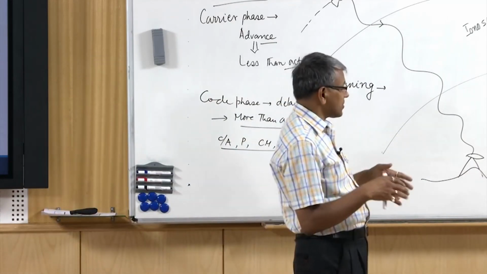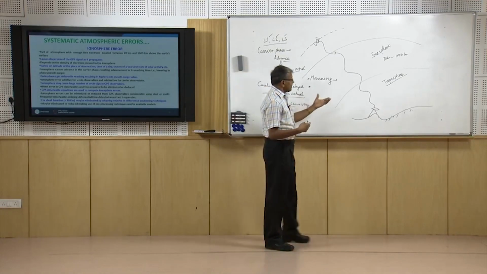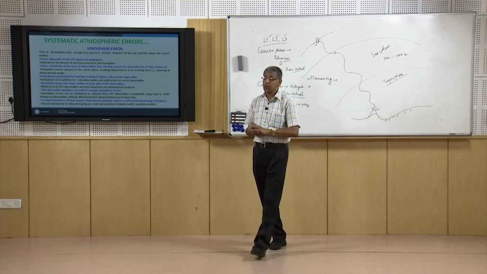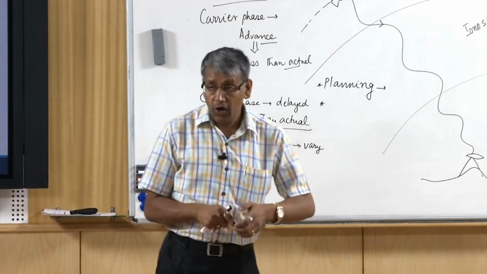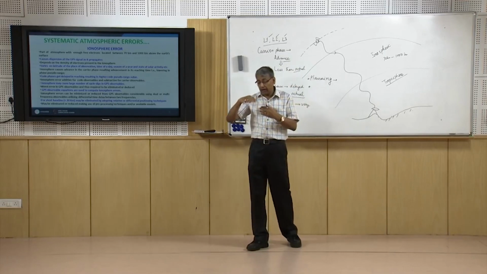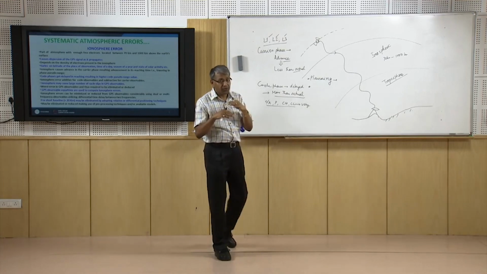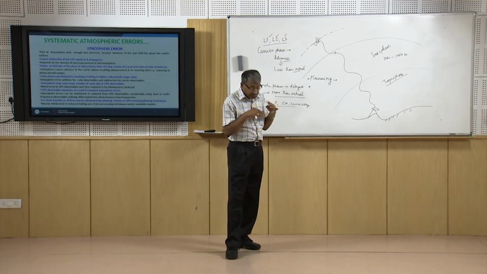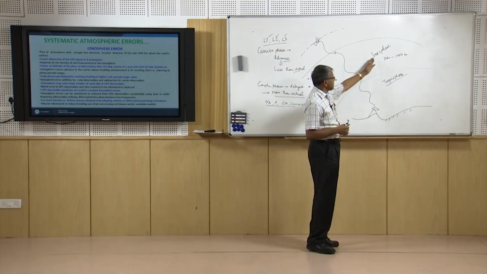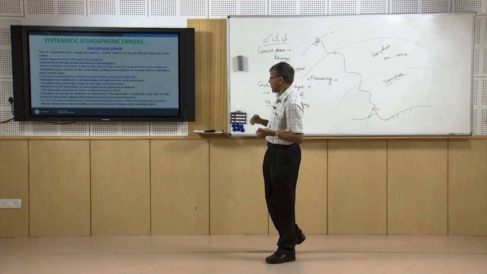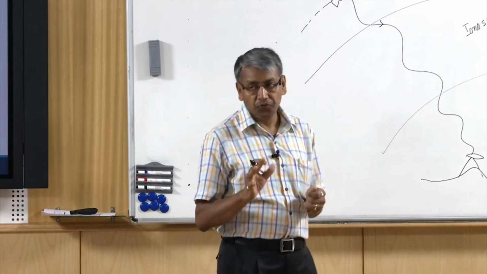Then we may go for some pre-processing operations, which we will discuss in the next class; those also minimize the ionospheric error in the GPS observable. In that way, through observation planning, observation, and pre-processing, all these steps minimize the ionospheric errors in GPS observables. The next variety of atmospheric error is the tropospheric error.